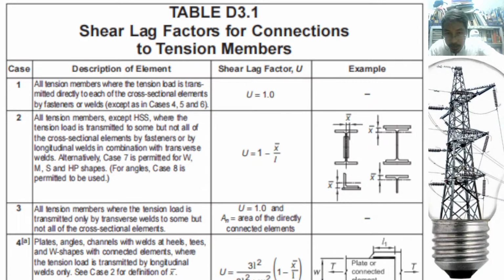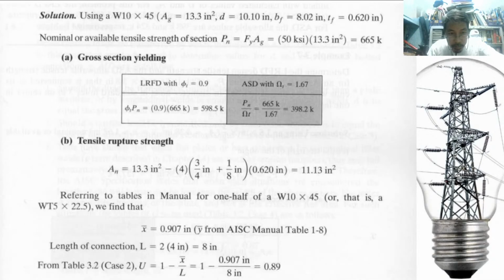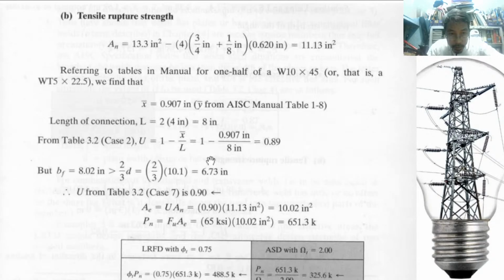The X bar is 0.907. So X bar means centroid.